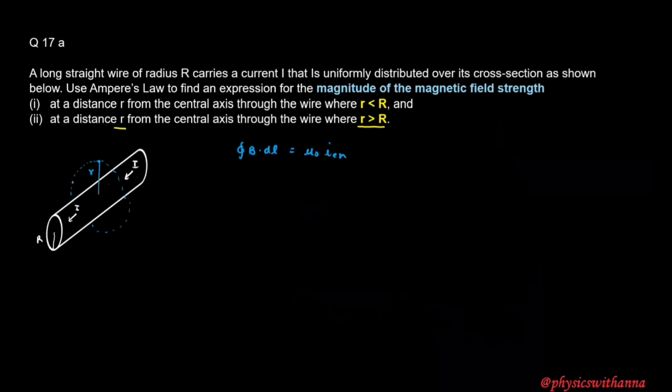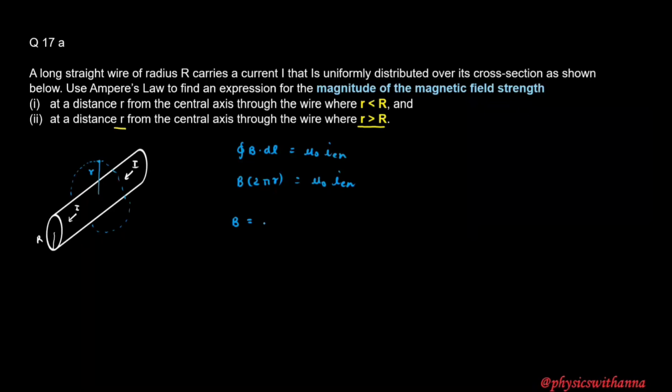So let us create a circular Amperian loop of radius r around the wire. Now, when you take integral of magnetic field around this Amperian loop, you get integral B dot dl to be equal to B times 2 pi r, as integral dl for a circular loop is 2 pi r, equals mu naught times the I enclosed. So if I want to find magnetic field B, let's divide with 2 pi r.